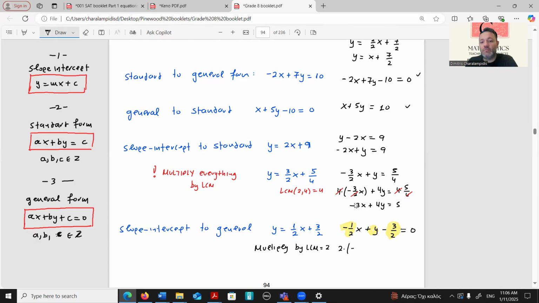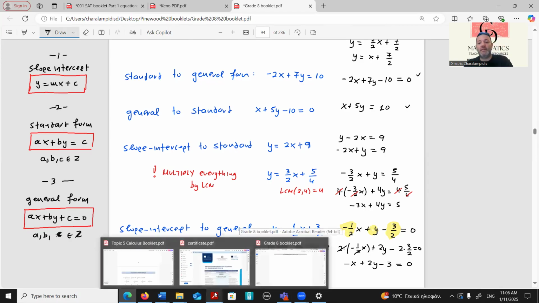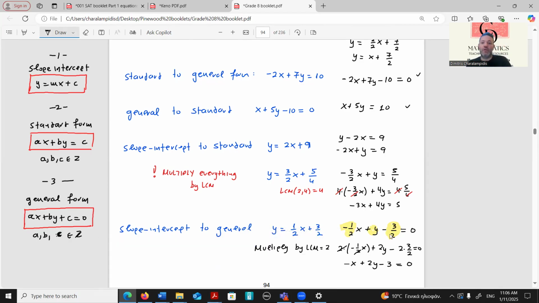So 2 times minus 1/2 x plus 2 times y minus 2 times 3/2 is 0. So we're going to have minus x plus 2y minus 3 is 0. And this is the general form I was looking for.